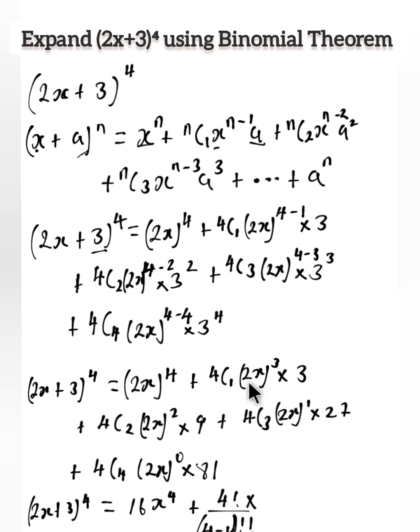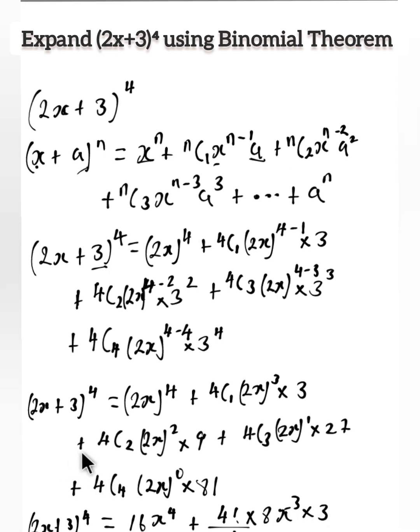times 2^3, which is 8, x^3, times 3, plus 4 combination 2. So 4 combination 2 is 4 factorial all over (4 minus 2) factorial, 2 factorial.